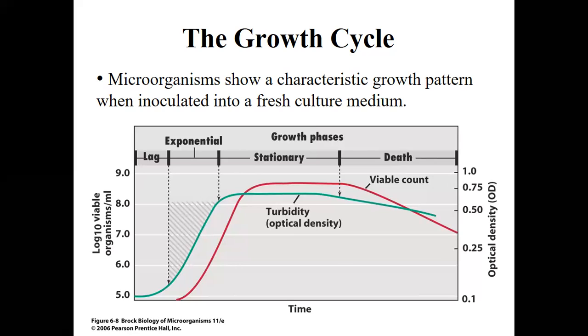So there is a level which is parallel in the growth and in the death. The number of bacteria which are growing is equal to the number of bacteria which will die in the stationary phase. So it is a very flat phase in which the death and the growth are equal to each other.